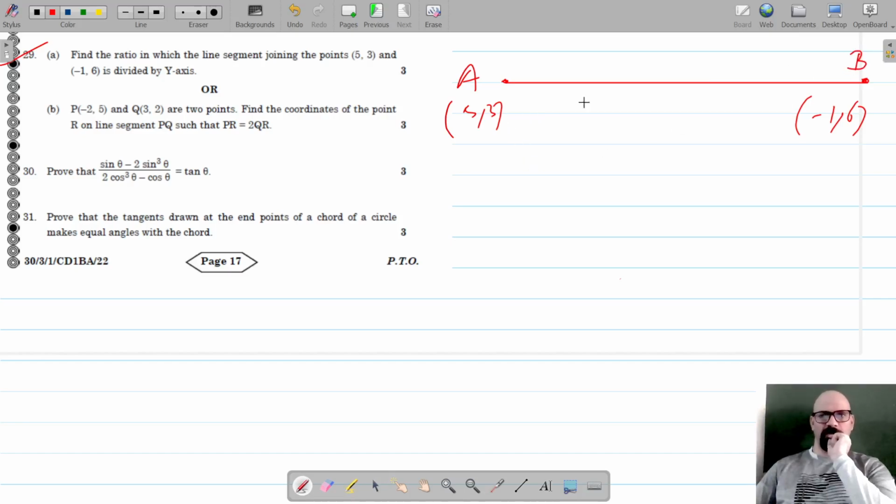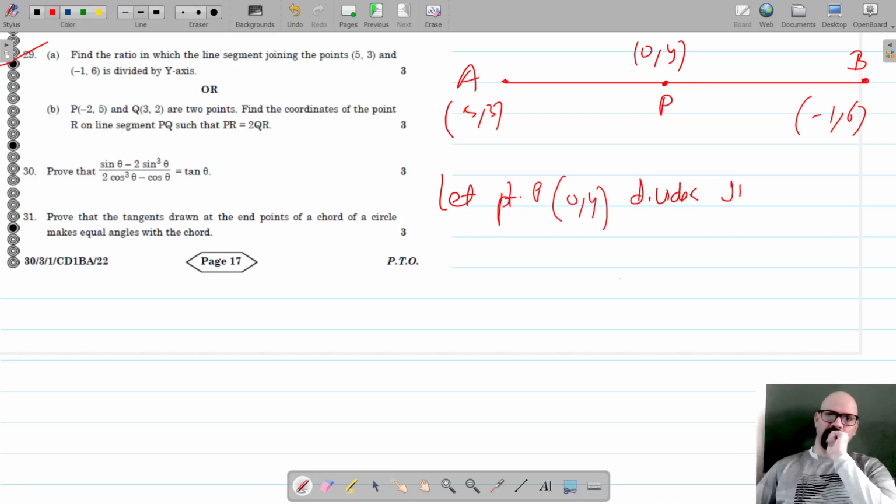It has to be divided by the y-axis. So if it is intersected by the y-axis, we know that the coordinates on the y-axis are 0 comma y, so let this be point P. Let point P be 0 comma y.